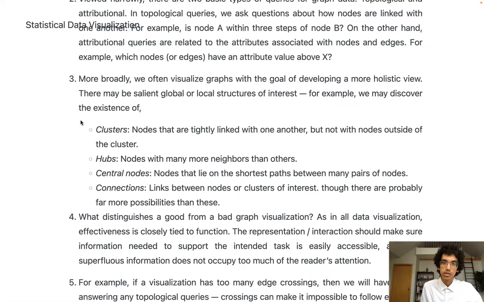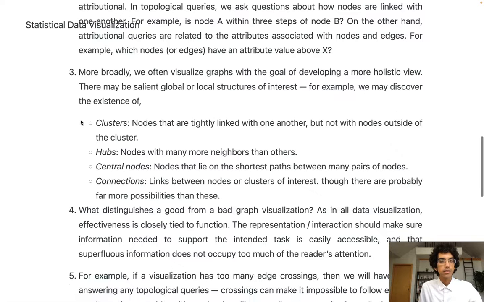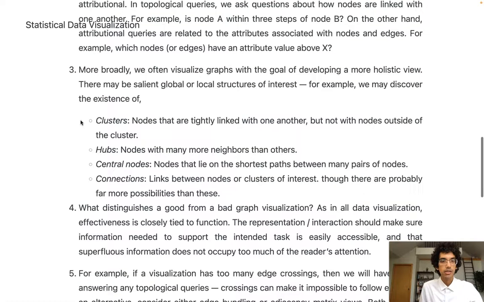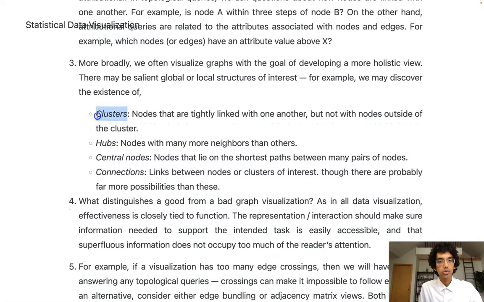Those are very node-centric questions. You can take a more holistic point of view as well. And this is often something that people will be interested in. You might look for these kind of global structures. So global structure could be, are there large clusters of nodes where there's really dense connections within the cluster, but not so much going outside? Do you have hubs, so nodes with many, many neighbors?